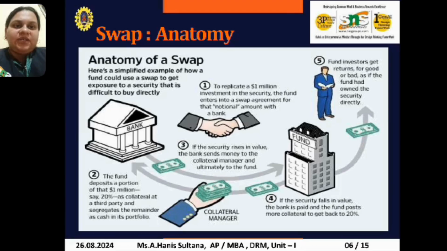Third, if the security rises in value, the bank sends money to the collateral manager and ultimately to the fund. Fourth, if the security falls in value, the bank is paid and the fund posts more collateral to get back the 20%. Here the 20% depends upon the fixed or floating. Next, fund investors get returns for good or bad as if the fund had owned the security directly.